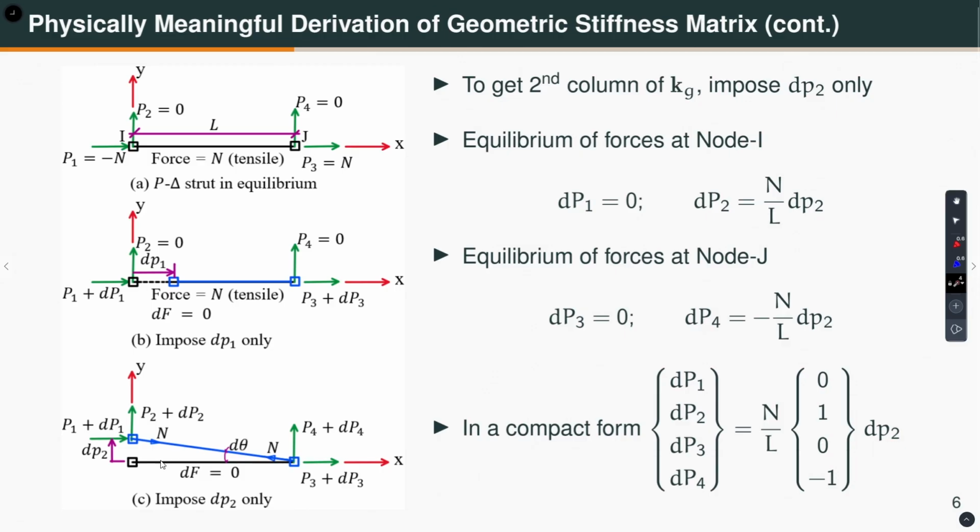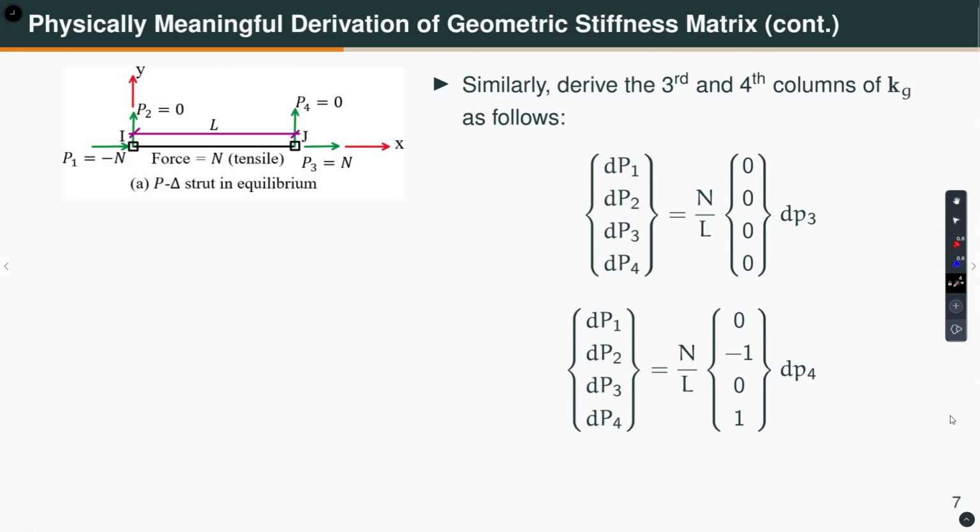So you can see that by considering the equilibrium in the deformed configuration, we get some forces, dP2 and dP4, which are n by L and minus n by L times dp2.